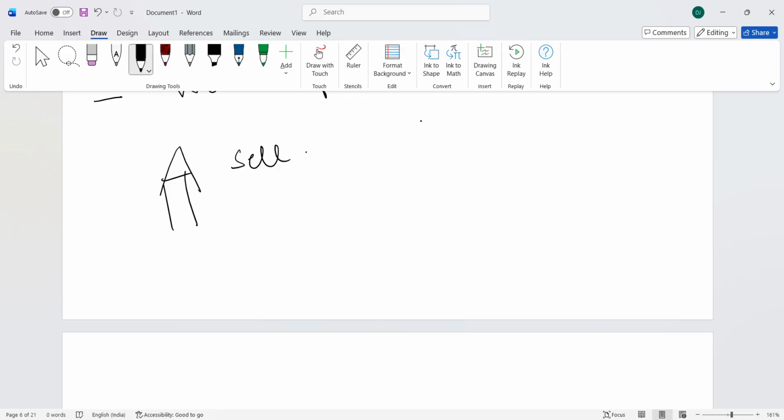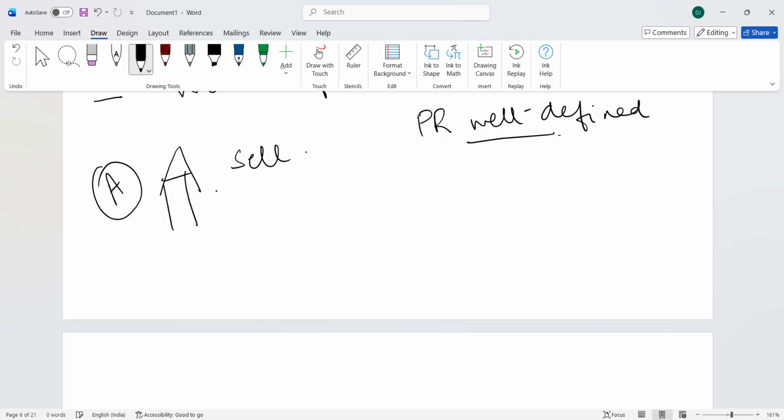I'm taking two situations. In the first situation, property rights, PR, are well defined. So this is person A, and this person wants to sell this house, and let's say I'm the buyer here. Everything was well defined. He had all the documents showing that Mr. A owns this house.